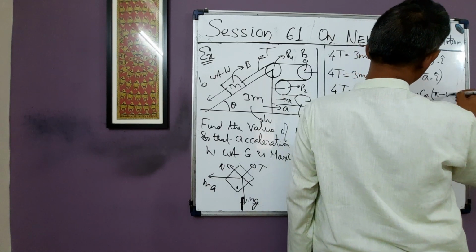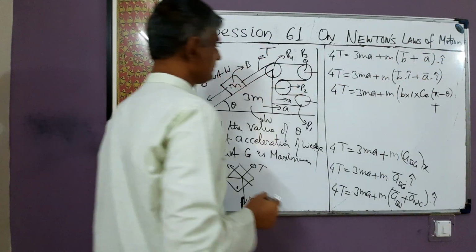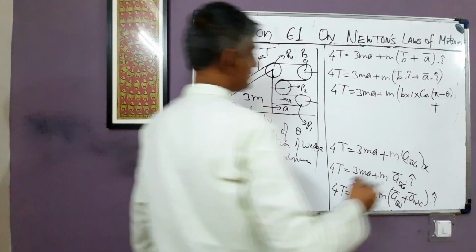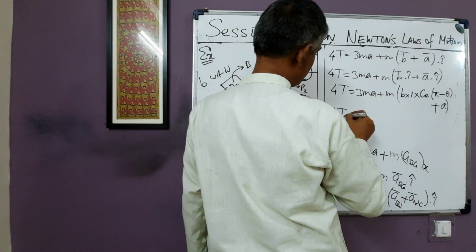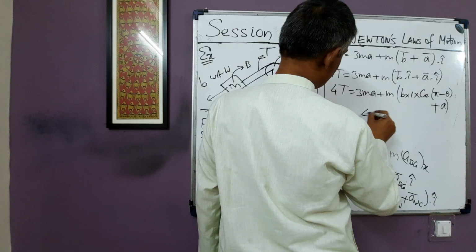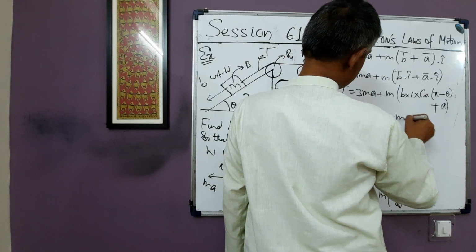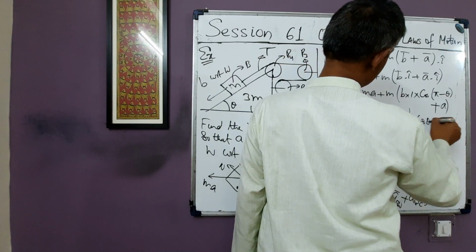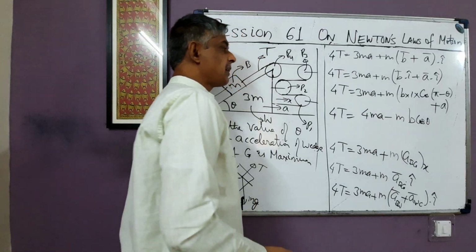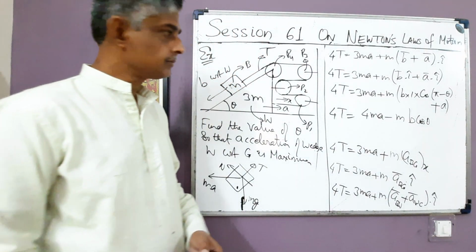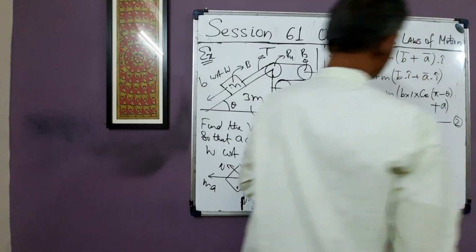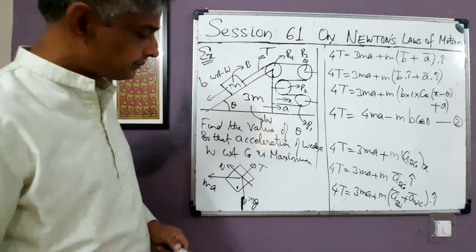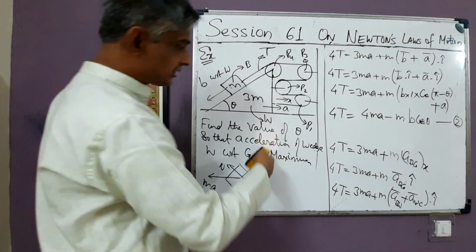So cos of pi minus theta, plus A dot i, A into 1 into cos 0 degree, which is nothing but A itself. So 4T becomes 3ma plus ma minus mb cos theta, 4ma minus mb cos theta. You know from trigonometry that cos pi minus theta is just equal to minus cos theta. This is the second equation. So two equations we have already obtained. Alright. Now I'll write down those two equations here.